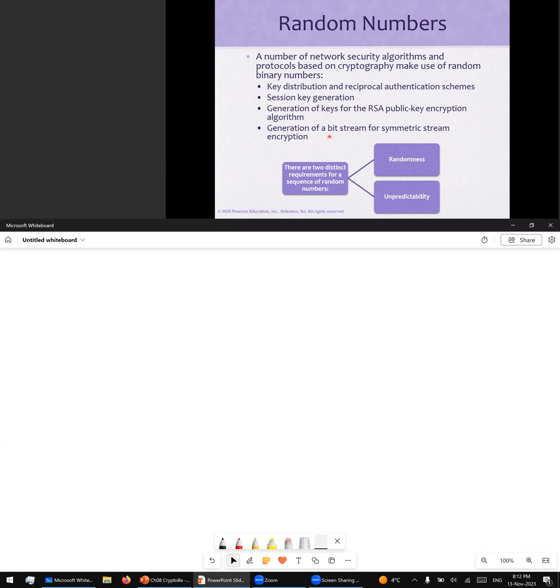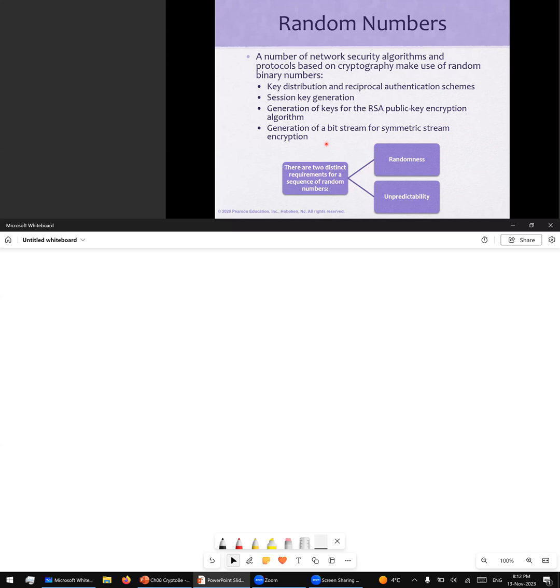And of course, in this topic, we're going to be touching on generating a random bit stream for symmetric stream encryption, or basically a stream cipher. So you can see that most of what we do in cryptography is actually built on generating random numbers. And that's why they have a very, very special place in cryptography.